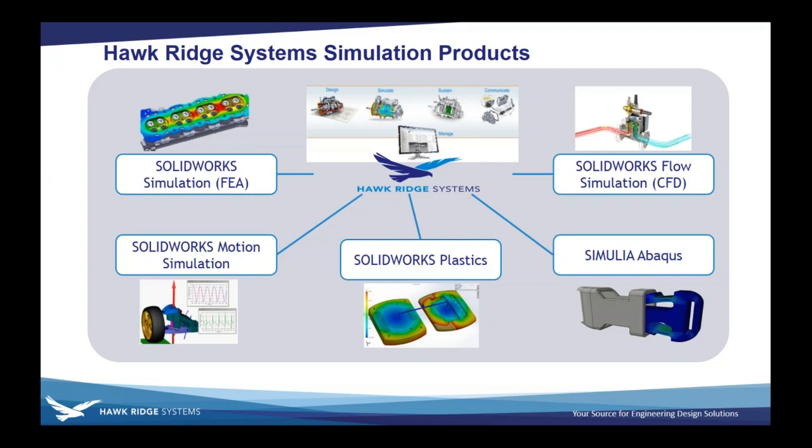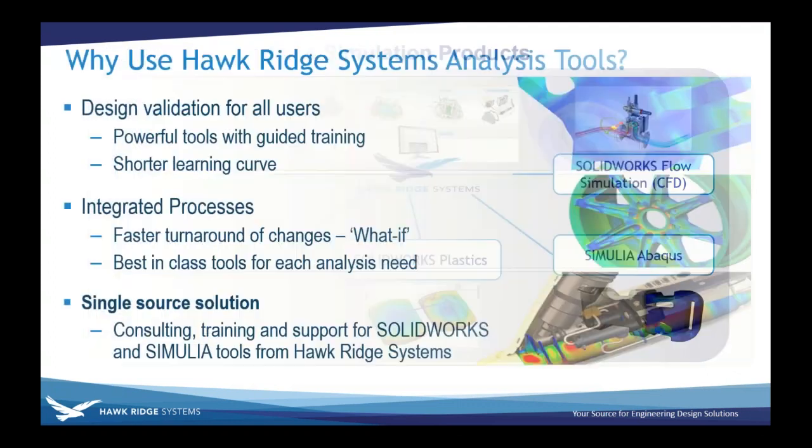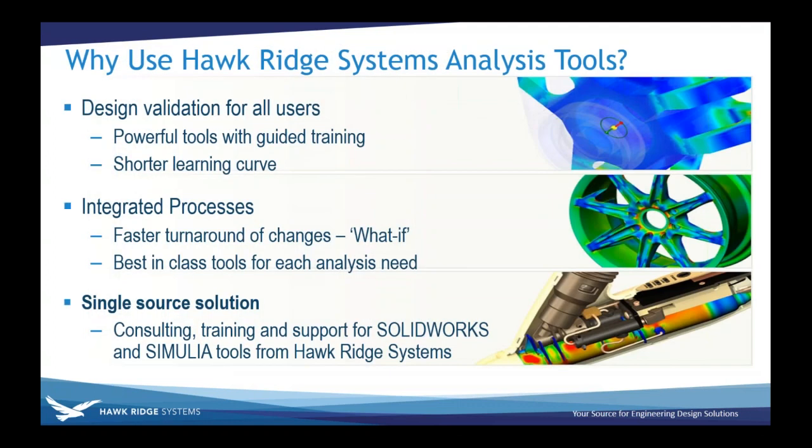SOLIDWORKS Motion Analysis is kinematic analysis for assemblies based on the Adams solver. SOLIDWORKS Plastics is for injection molding. And Abaqus, Simulia Abaqus, as well as some other high-end analysis tools, is expert level structural analysis for complex problems, a tool we brought on board several years ago.